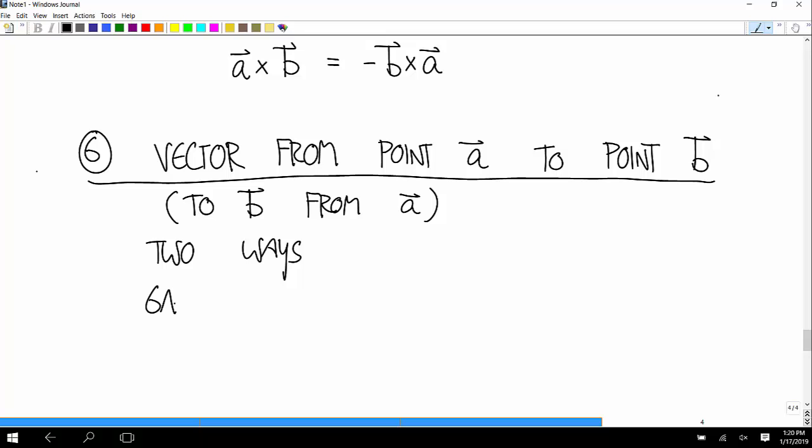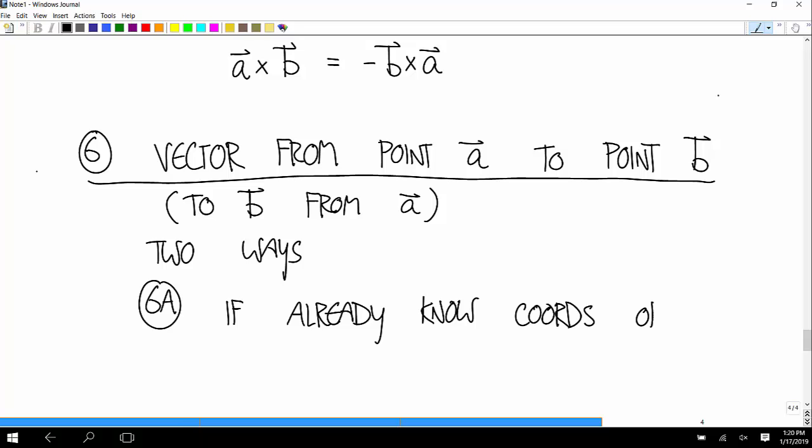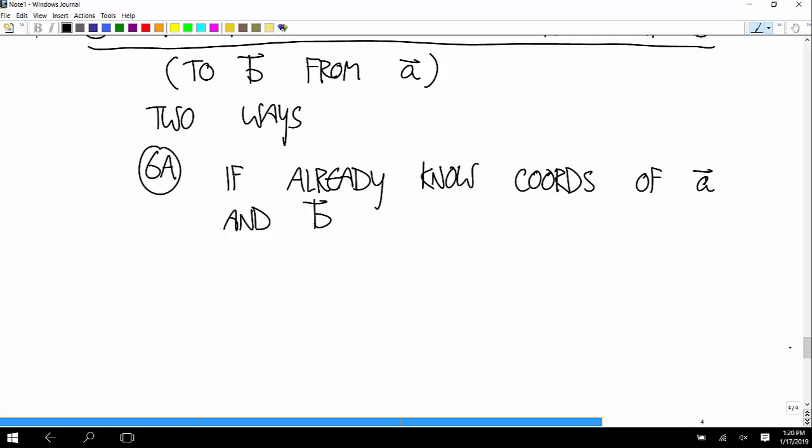The first one, 6A, is if you already know the coordinates of A and B, then I'll write it as the vector D, like displacement.